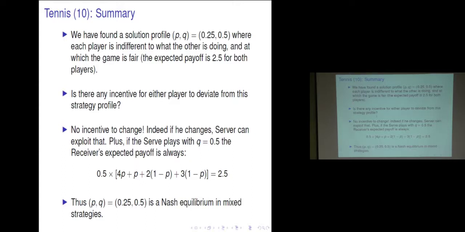It just says player one should mix the prediction like this. In other words, maybe 1 out of 4 times she will prepare the forehand, and 3 out of 4 times she'll prepare the backhand. Something like this.